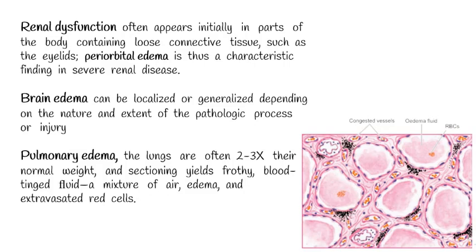And as we already talked about earlier, brain edema or cerebral edema can be localized or generalized depending on the nature and extent of the pathologic process or injury. And the swollen brain exhibits narrowed sulci and distended gyri. With pulmonary edema, the lungs are often 2 to 3 times their normal weight, and they will be fluid filled and have a somewhat liver-like appearance.